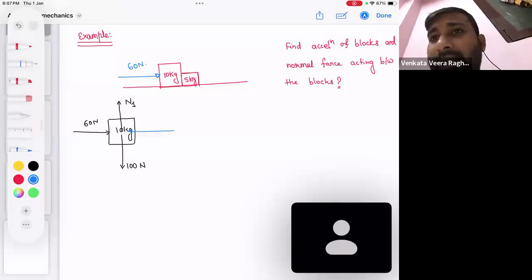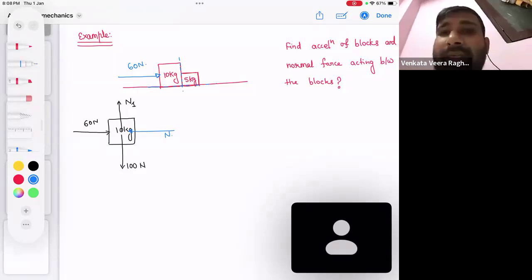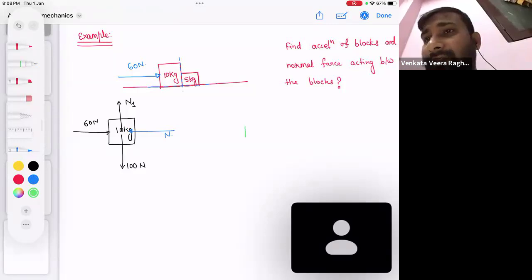The normal due to the other block will also be acting, isn't it? There are two contacts for the 10 kg, na? One with the ground and the other with the block. The normal due to the ground I have represented as N1, the other normal due to the block I have written as N. Now we will draw the free body diagram of 5 kg, and then we will write the equation.